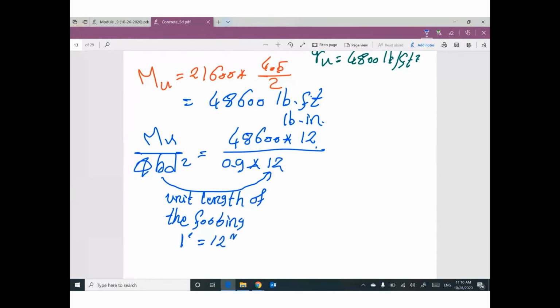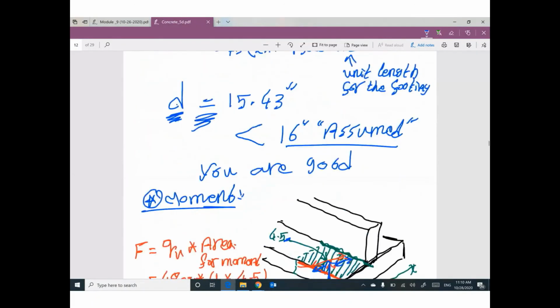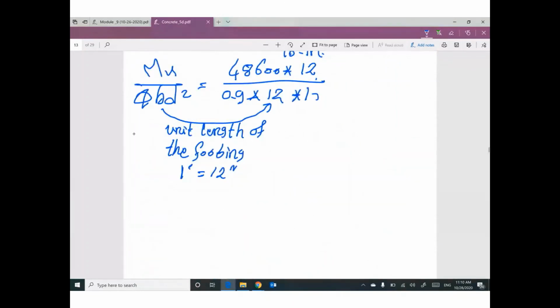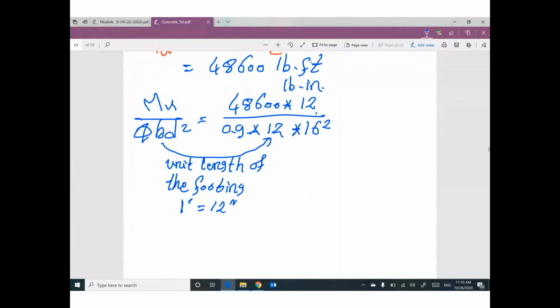Depth, we assumed a depth equal 16, and this is okay. So 16 square. This value will be 210.93. Remember, F prime C equal 3,000.